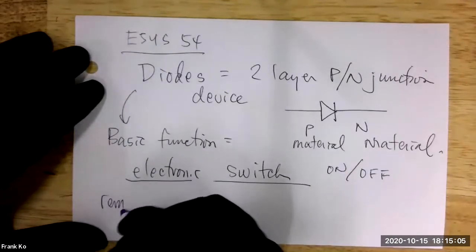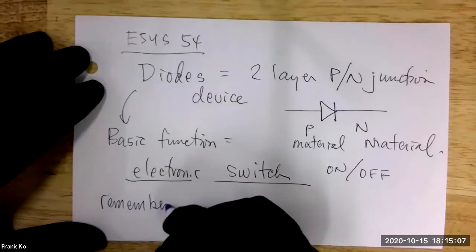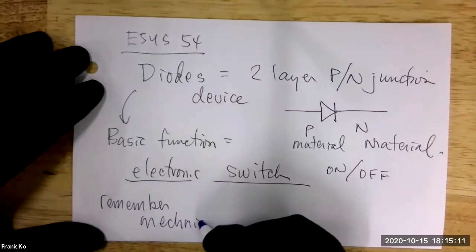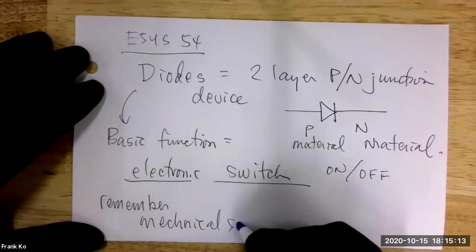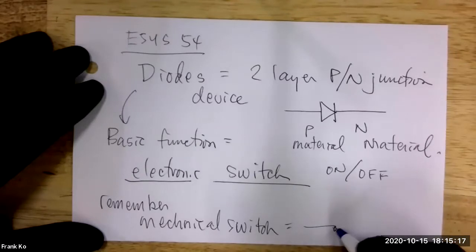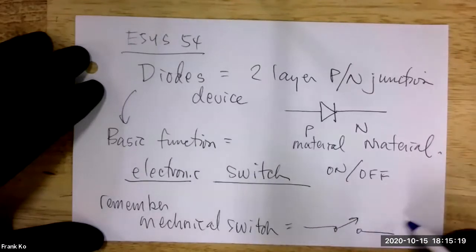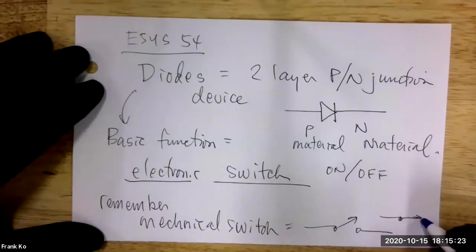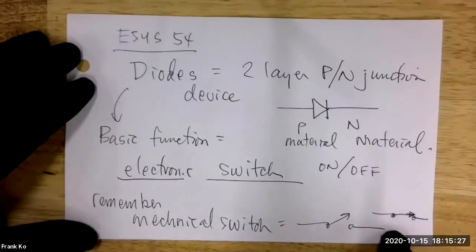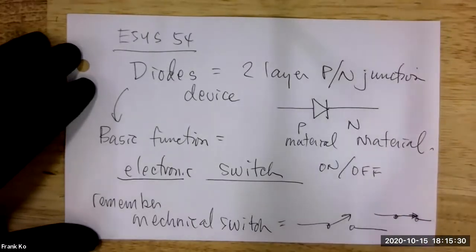So remember, your mechanical switch is set up as here, or it could also be set up as this. Okay, it could be open or it could be closed, yes? Your mechanical switch.